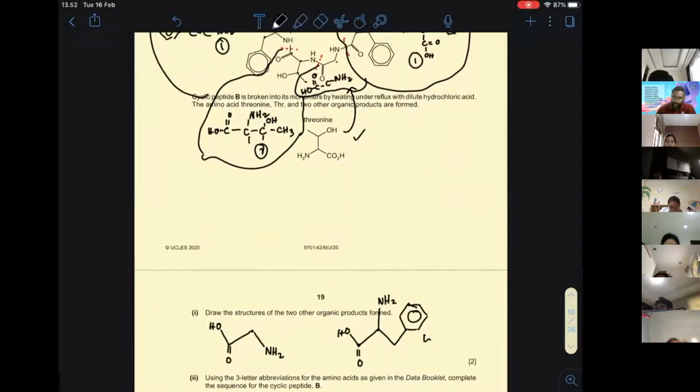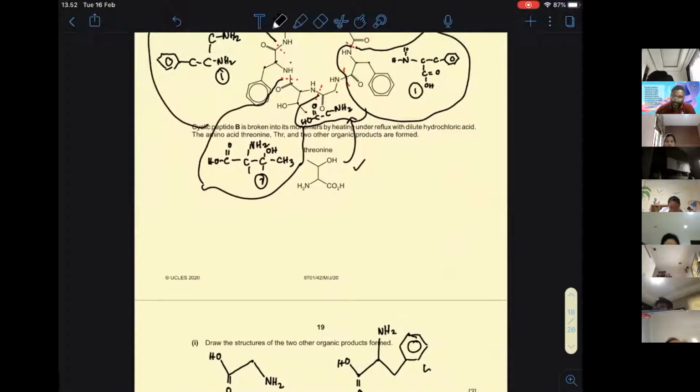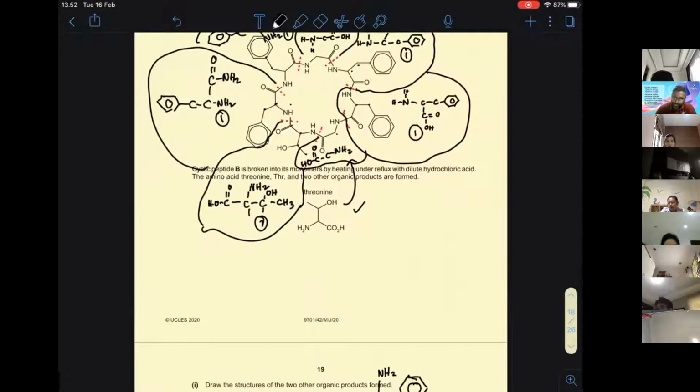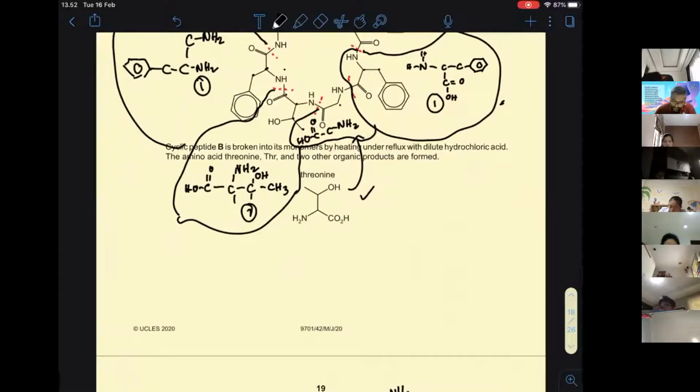What I will achieve here is one structure that is attached to the benzene. Another structure is without any benzene. Let me check. Yes, this one is C double bond C, CC, OH, and then CH3.